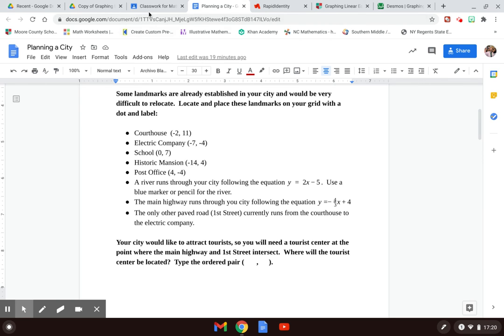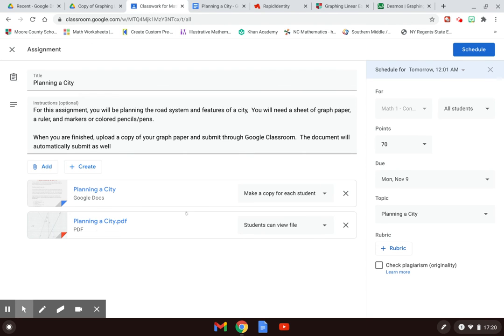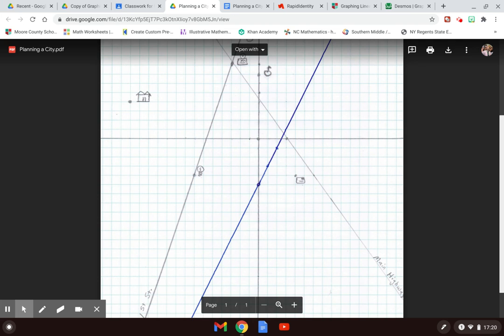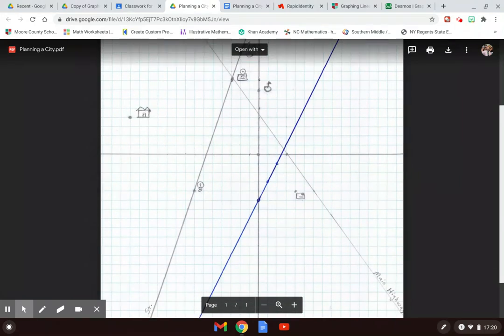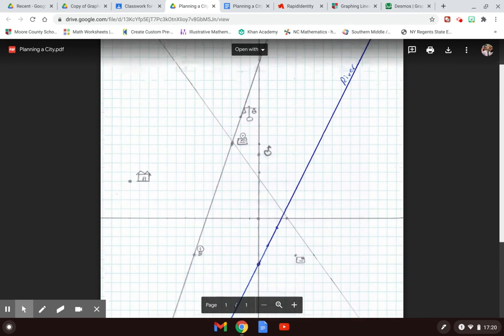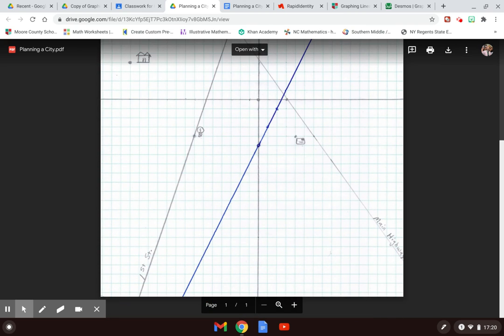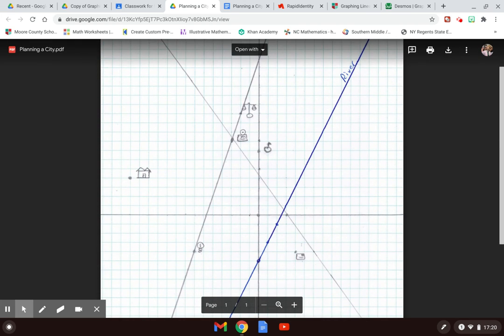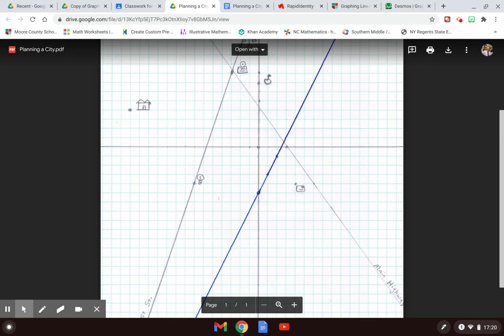So I put an example here called Planning a City. This is what it would look like so far after you do those first few items. You see how the river is in blue. I graphed First Street based on what I was told to do.